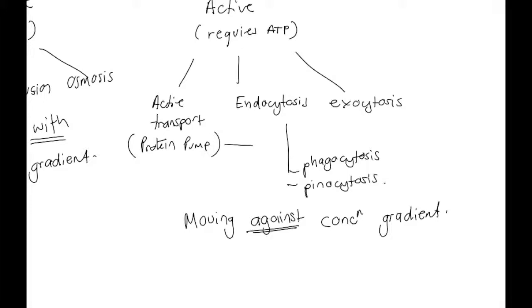If we need the production of a vesicle, we need to move that vesicle using motor proteins, we require energy. To fuse it with the membrane and to expel those contents or take them in requires energy. If we're pumping ions against their concentration gradient, we're having to actively do that all the time, that requires energy. And that energy comes in the format of ATP, the currency of the cell.